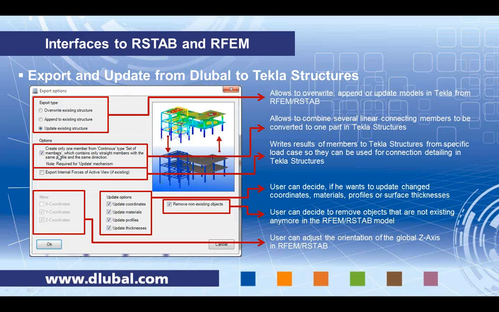One option we have here is to create what we call set of members. For example, imagine you have a long main girder in your structure and it's one part in Tekla Structures.